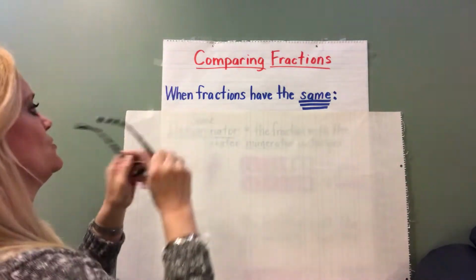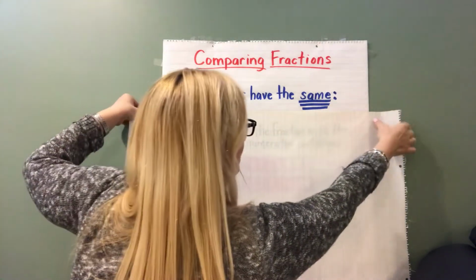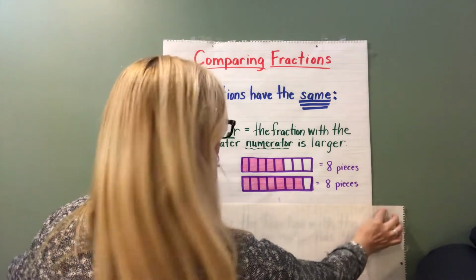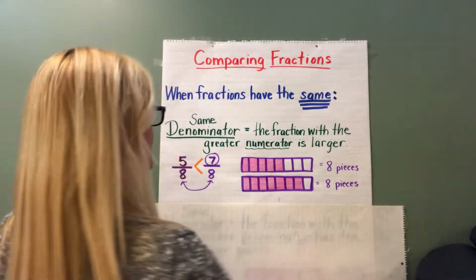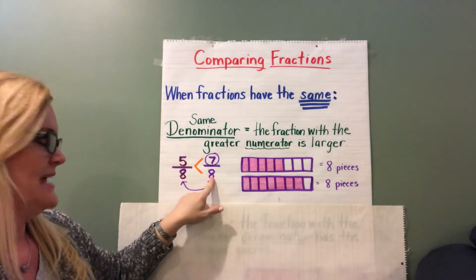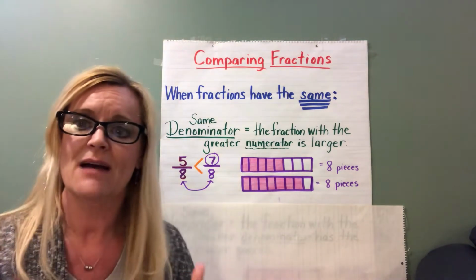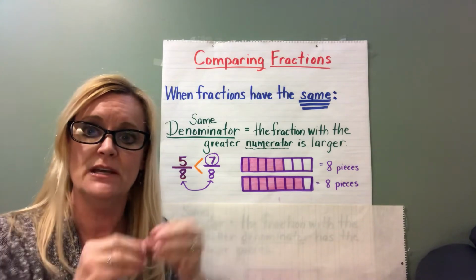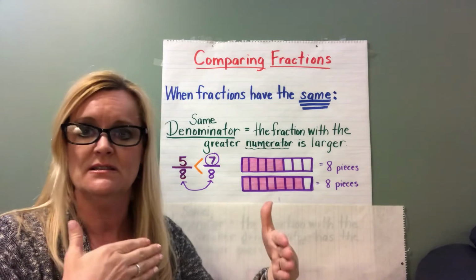So let's get started. Now, the first thing I want you to be thinking about, and this is really an easy one. When you have 2 fractions that have the same denominator, that means you have 2 shapes that are cut into equal pieces. So it's really easy to think about that.